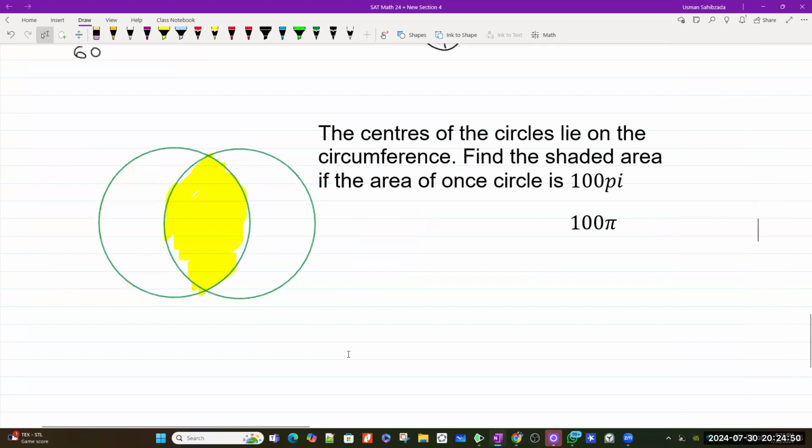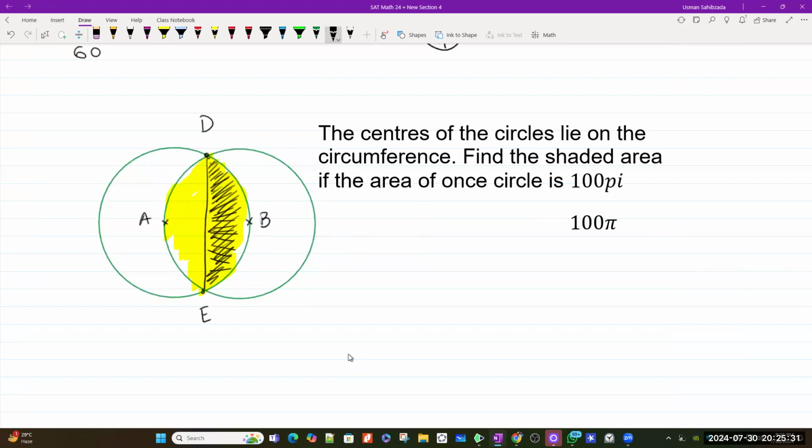Now, guys, you need to understand that if you were to draw a vertical from here till the bottom, the centers are lying on the circumference. So if this is center A, this is center B, and let's call these D and E. If you're able to find this area out, you can double it to find the area of the entire shaded region.